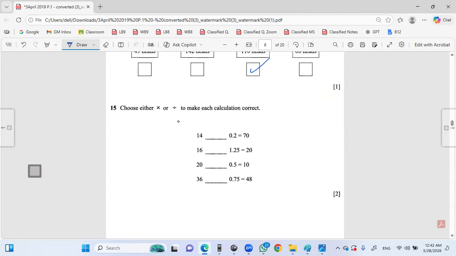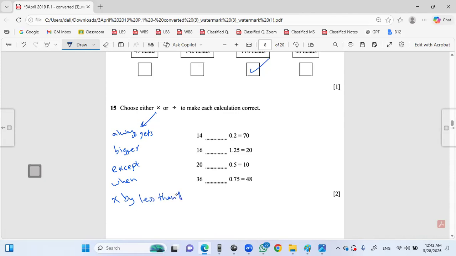Okay, over here in multiplication and division, just remember that multiplication always gets bigger, right? Not always, actually, except when multiplied by less than 1.